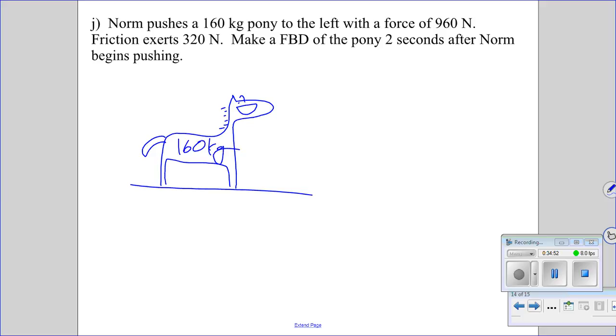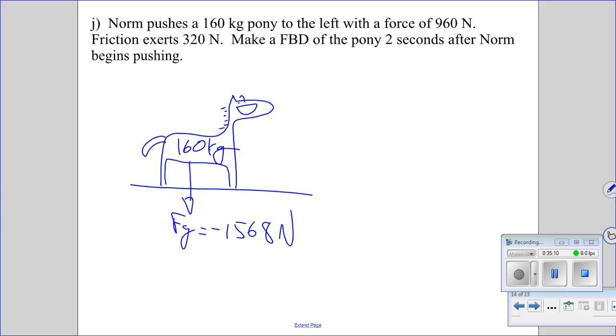Gravity's pulling the pony down with a force of 1,568 newtons.